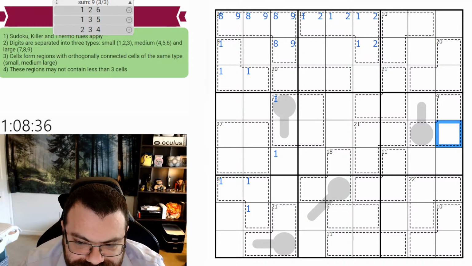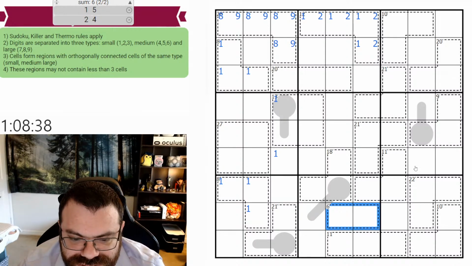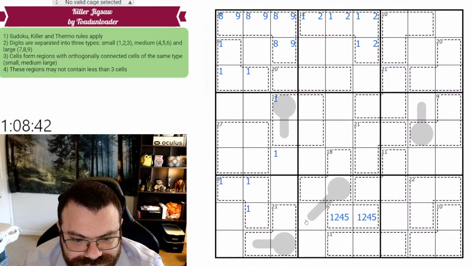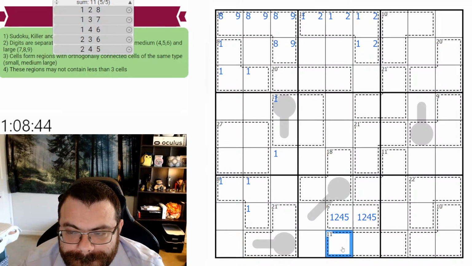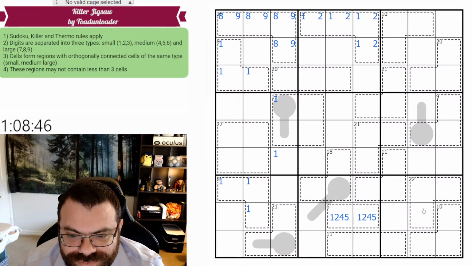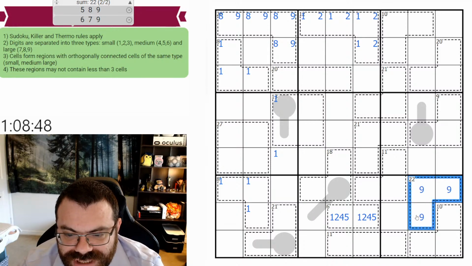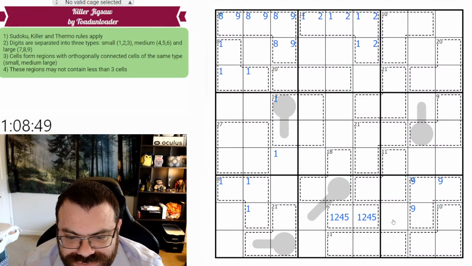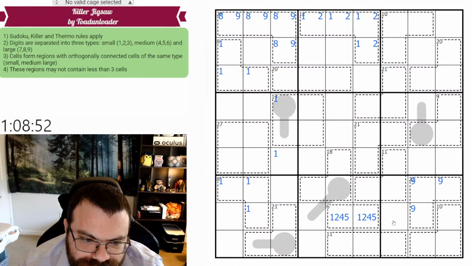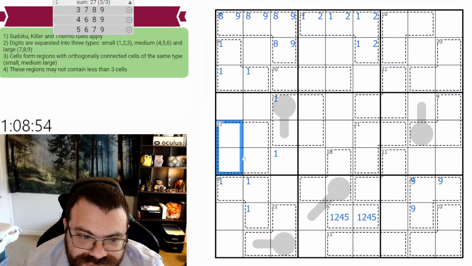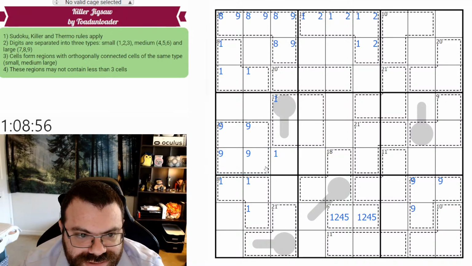Any of these other ones? 6 is pretty restricted. It's either 1, 5, or 2, 4. 22 and 3 has a 9 in it. 27 and 4 has a 9 in it.